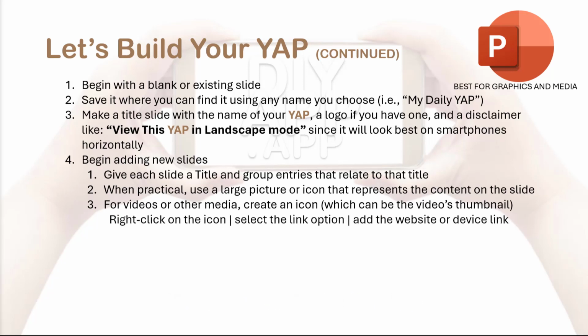Right-click on the icon, select the link option, and then the URL that relates to that particular device. So let's say you've built a slide, you have some information on it, and then you want to allow the user to access a video or to access a calculator.